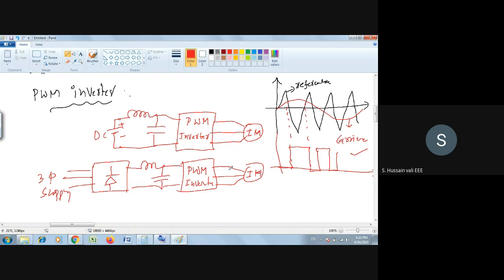It depends upon the magnitude of the carrier waveform. So it is represented by one index. That index we call the modulation index.